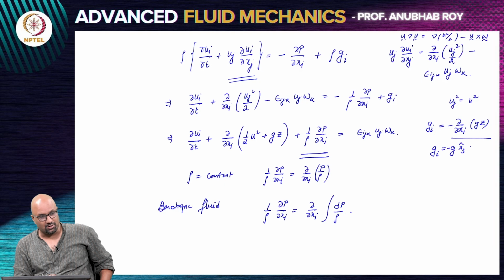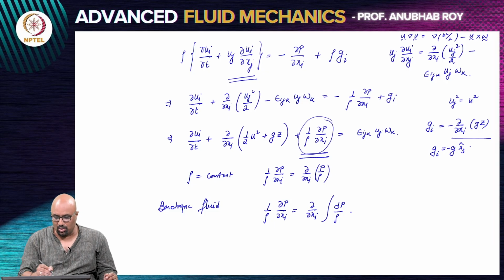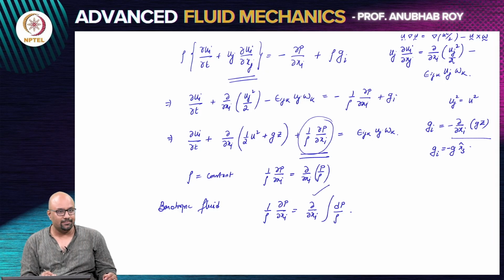This is some function of the density. So in either case, the point I am trying to make here is that as long as the fluid is barotropic, need not be constant density, the pressure gradient term 1 by rho ∂P/∂x_i can be expressed purely as a gradient.